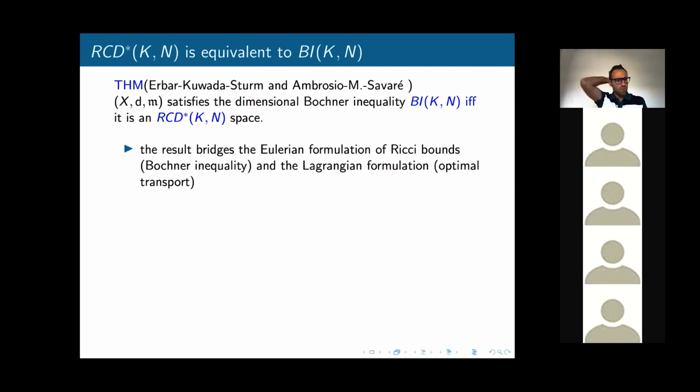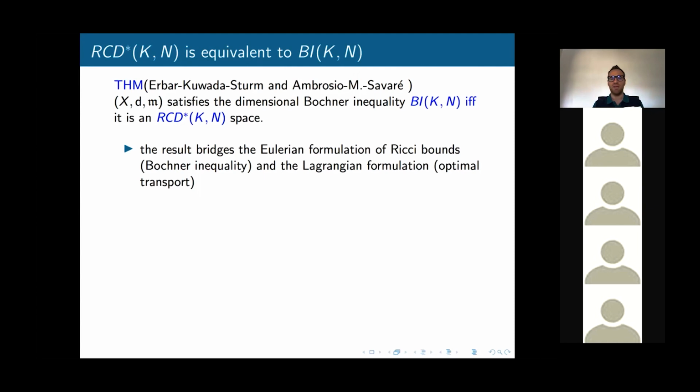The approach via Bochner inequality is a kind of Eulerian formulation of Ricci bounds, while the optimal transport point of view, the RCD approach, which is convexity along geodesics, is a kind of Lagrangian formulation of the Ricci. If you know a bit of fluid dynamics, what do I mean by the Eulerian formulation?